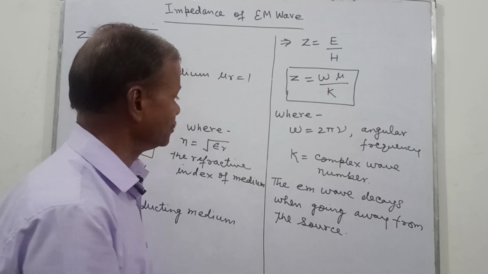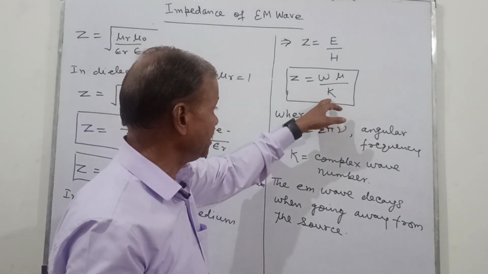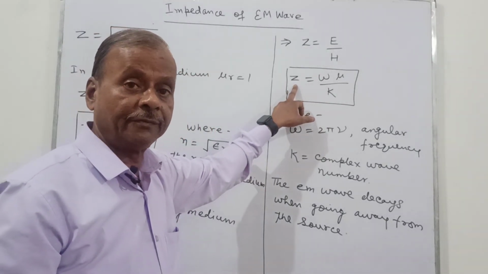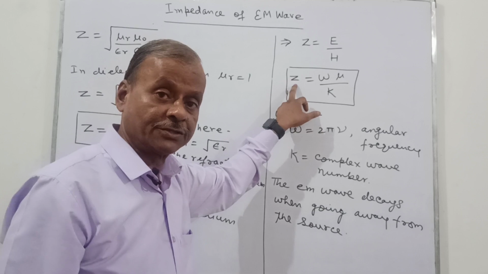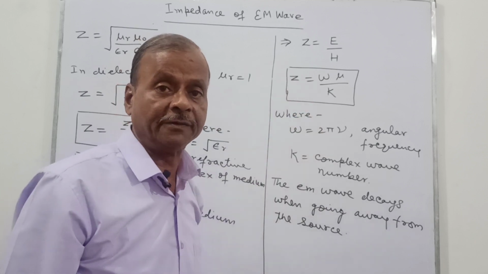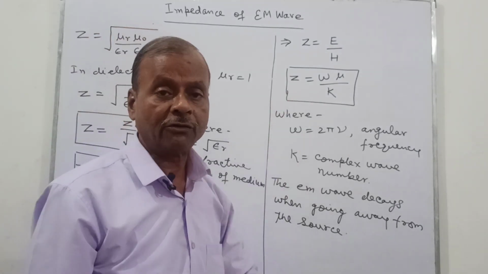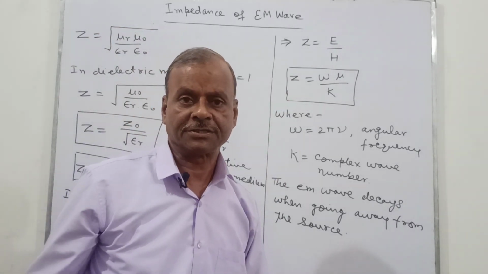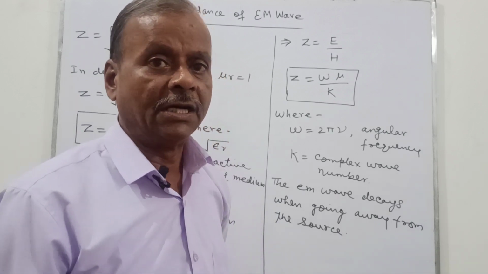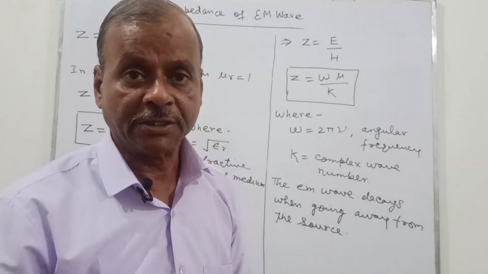So k increases, so this Z increases, and because of that the wave decays very quickly. So when we have such a medium in which the value of k is large, then the wave cannot travel through a large distance. So the impedance depends upon the physical properties of the medium.